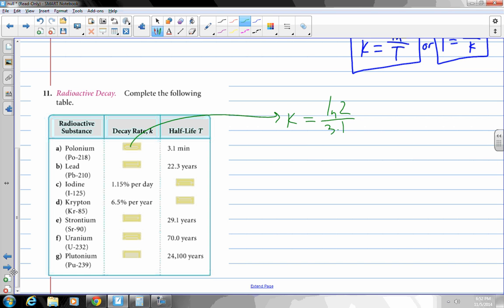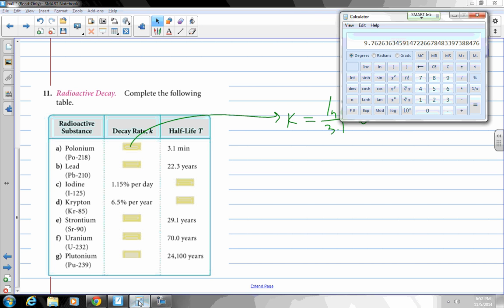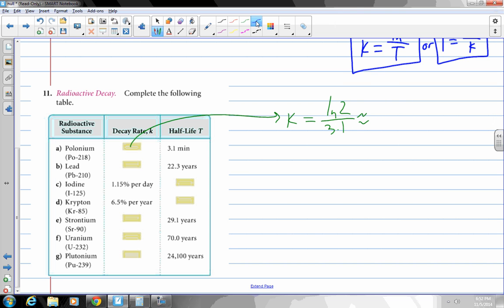Whatever that is, that's the rate of decay, and it's measured in minutes. It's the rate per minute. Okay? So if I plug it in, I'm sure you can all do that computation. So about 22% per minute.